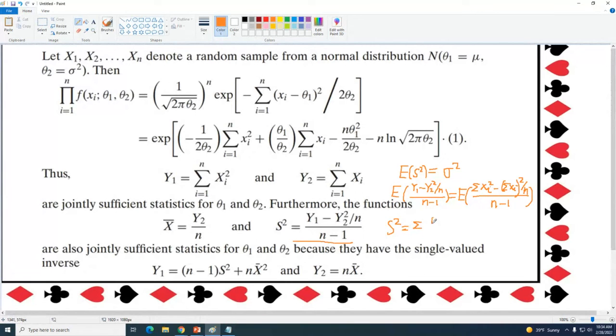It was the summation of xi minus x bar, squared, over n minus 1. Right? That was the earlier formula there. I think what we had was... Oh, and that's why it's divided by n minus 1.